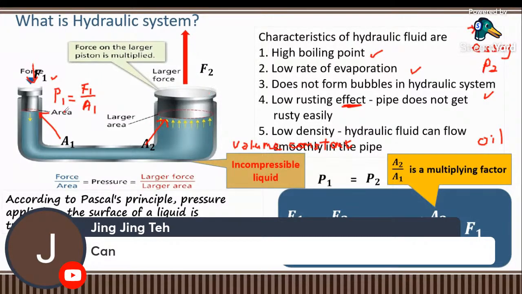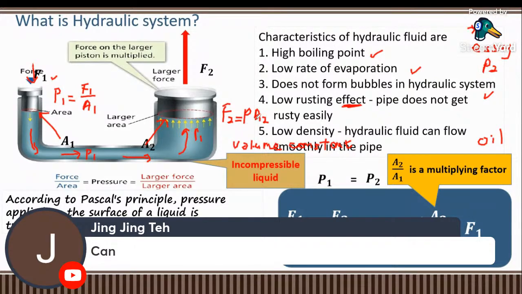The pressure produced here, P1, will be transmitted through the liquid to here. P1 multiplied by A2 will produce F2. Pressure transmitted here multiplied by area 2 produces F2.